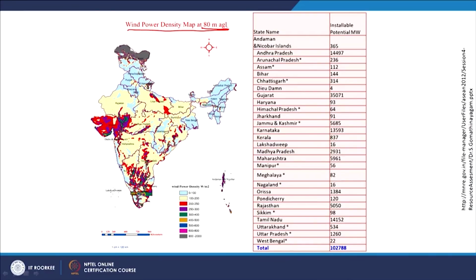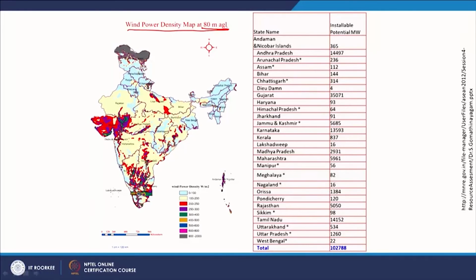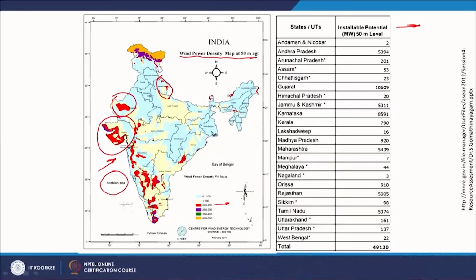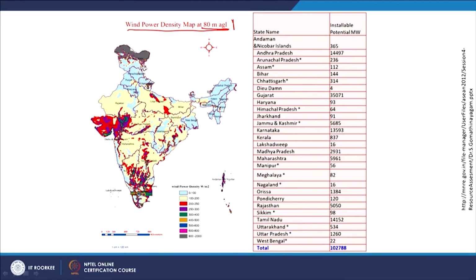So an offset has been added in this whole topography, because there will be hindrances because of forest or other things. That offset map is also there, which is basically enlarging the area. If you compare with the previous map, and concentrate only on Gujarat, at 50 meters this is the situation, and at 80 meters almost the entire Gujarat has great potential.